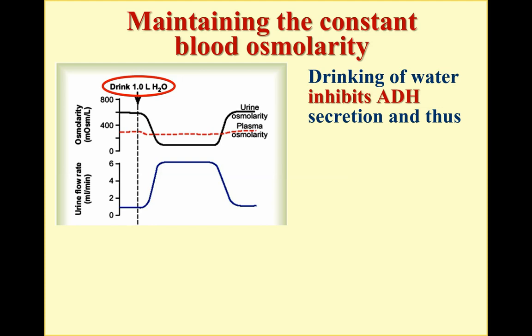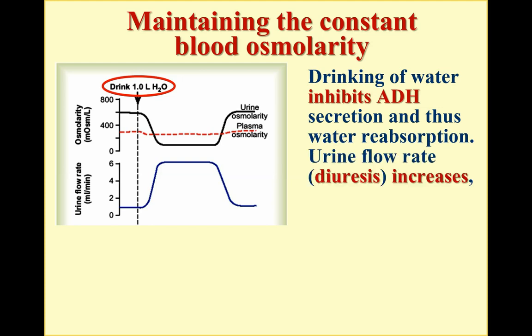Why is it inhibited? Because the first portions of water absorbed from the gastrointestinal tract start to decrease slightly the blood plasma osmotic pressure. This minimal decrease already inhibits ADH secretion, and as a result, water reabsorption is decreased. So urine flow rate, or diuresis, increases.